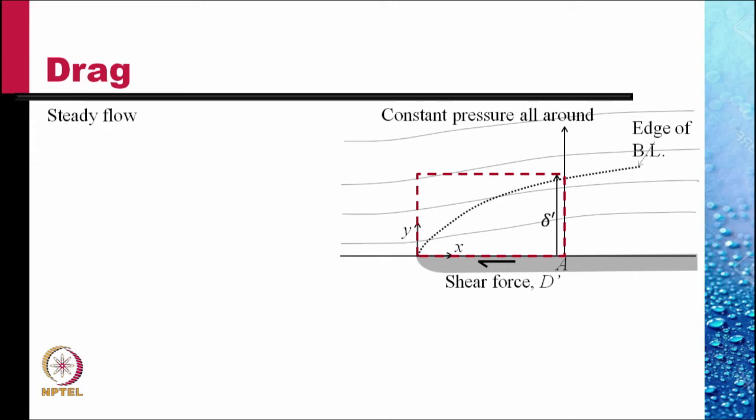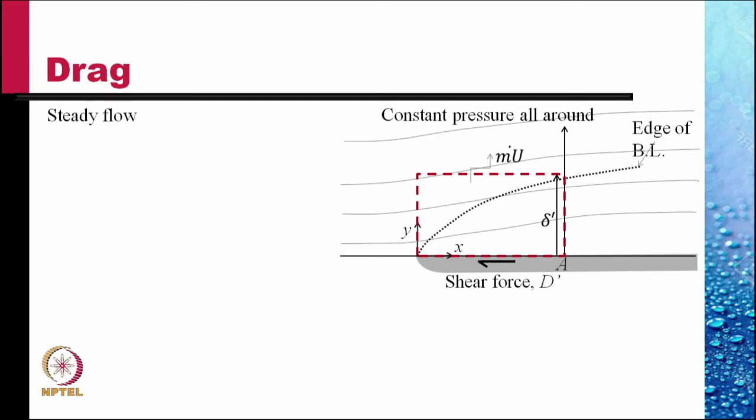Outside the boundary layer, the dotted line, the velocity horizontally is equal to capital U. Inside the dotted line, the velocity varies with y. We assume constant pressure all around.